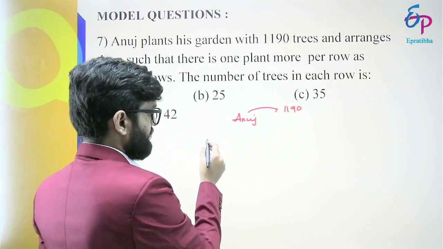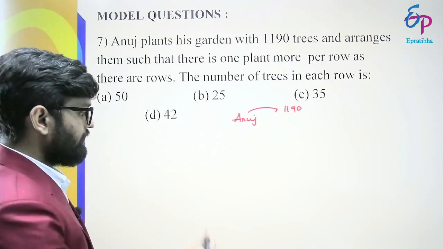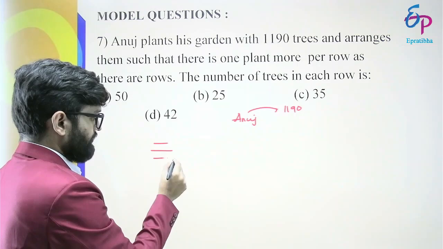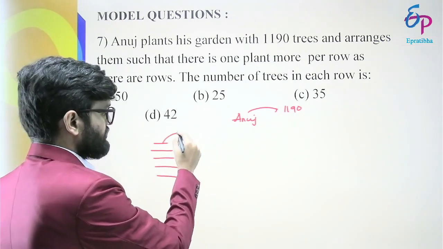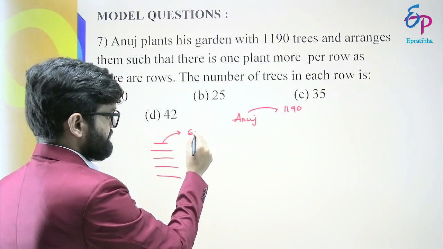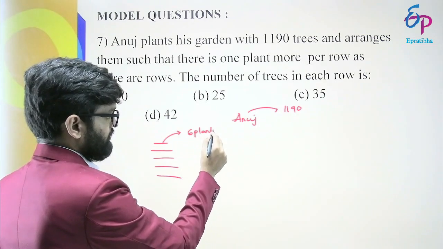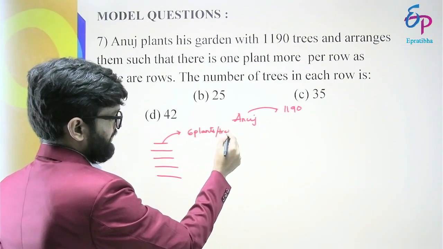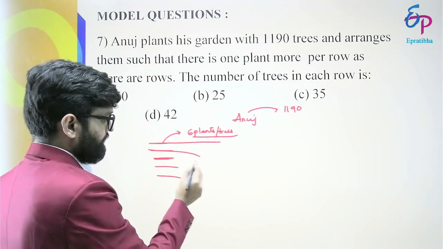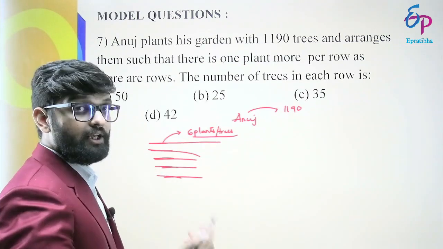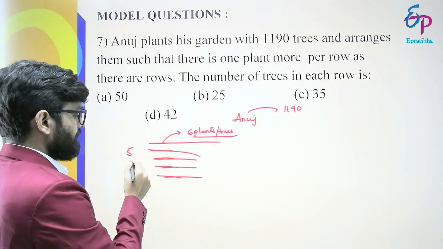Suppose there are rows like this, 1 2 3 4 5. Let's take only 5 rows, and suppose there are 6 plants in each row. Plants or trees, if you take anything. Suppose in each row there are 6 trees, and there are 5 rows. That means how many trees will be there?